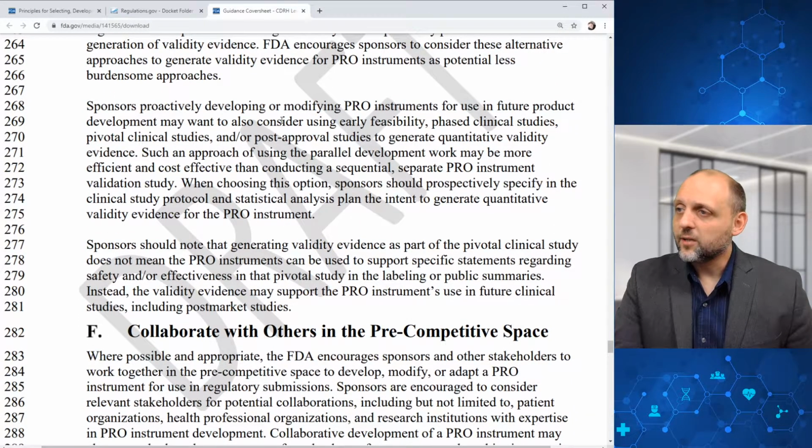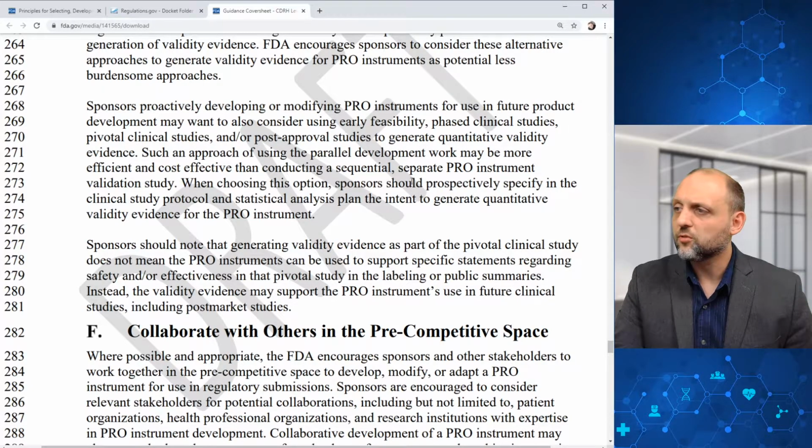Sponsors proactively developing or modifying PRO instruments for use in future product development may want to also consider using early feasibility, phase clinical studies, pivotal clinical studies, and/or post-approval studies to generate quantitative validity evidence. Such an approach of using the parallel development work may be more efficient and cost-effective than conducting a sequential, separate PRO instrument validation study.